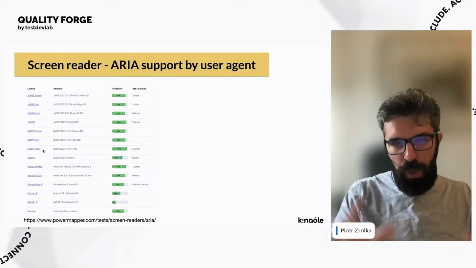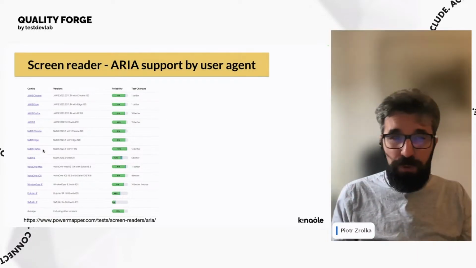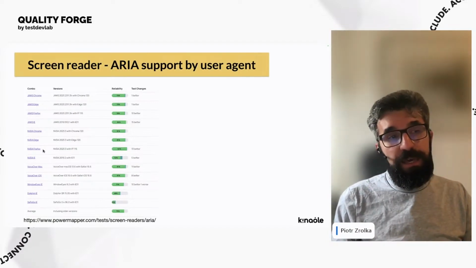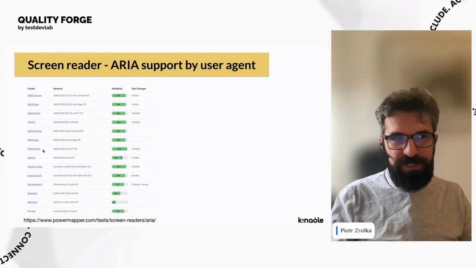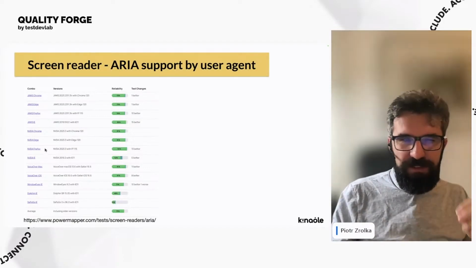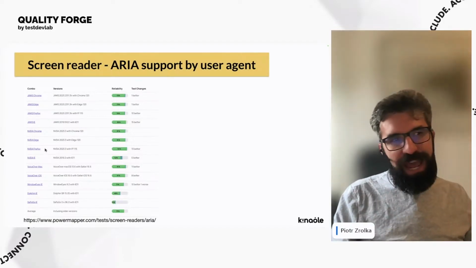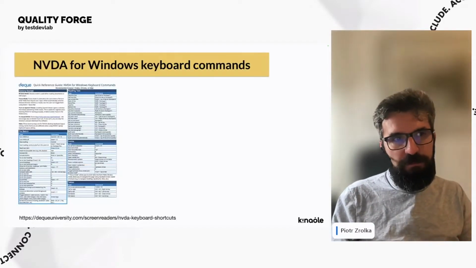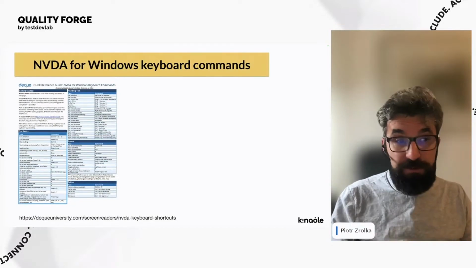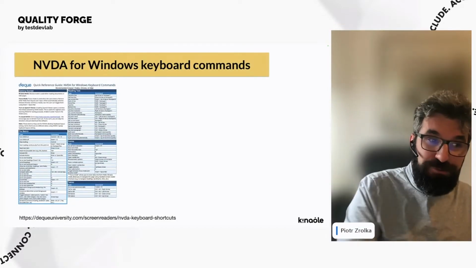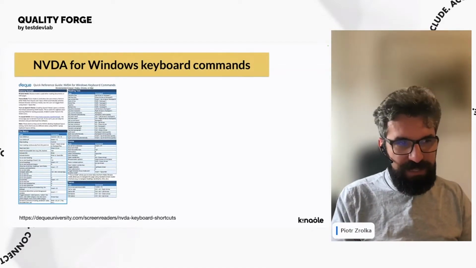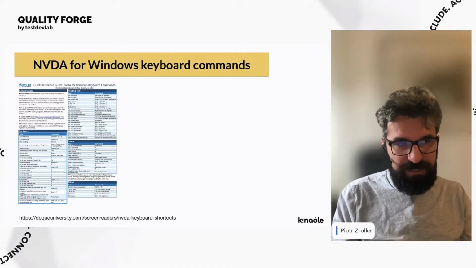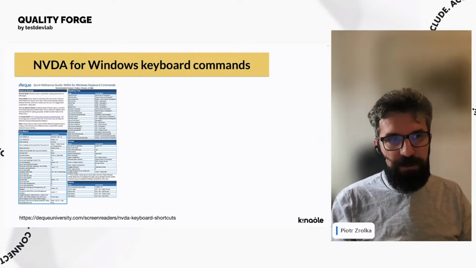I can just jump in and see, okay, it requires a little bit of polishing, or it's a total nightmare because nothing is announced by the screen reader. But definitely, it's not the tool to test. It's rather to verify, from my perspective. Of course, screen readers require a huge amount of knowledge to use, because we as human testers say, okay, I would just use tab and shift tab to go through the entire content.